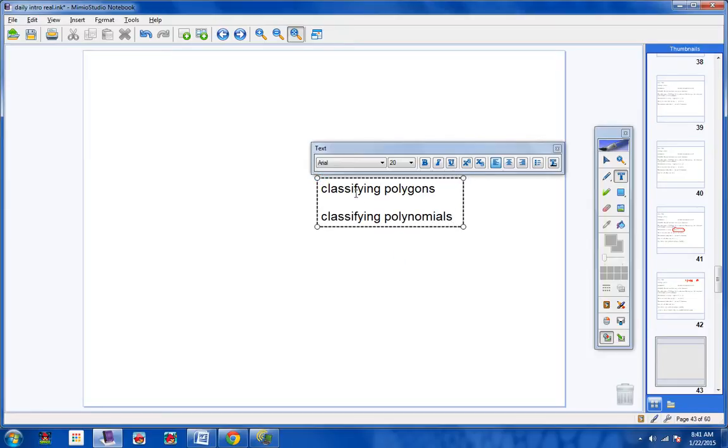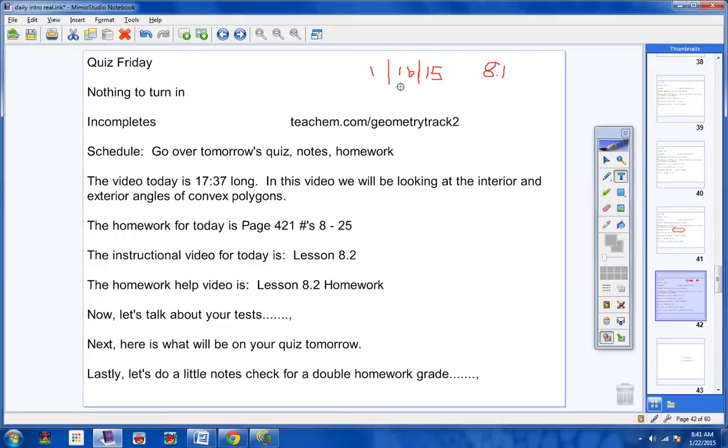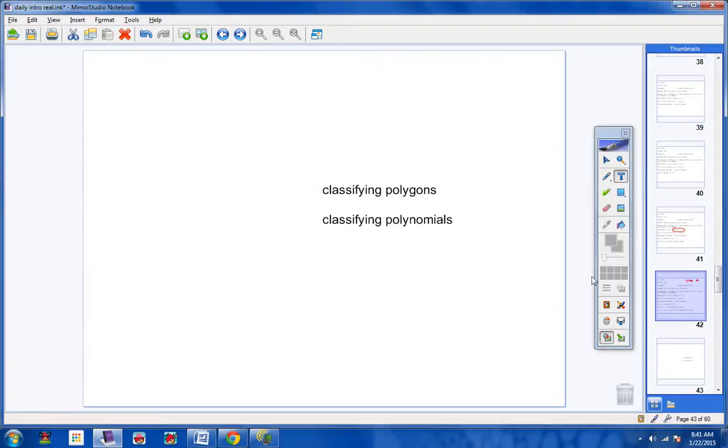So your heading is either classifying polygons or classifying polynomials. And by the way, go ahead and change that polynomials to polygons, okay? But anyways, that's the day we're going to look at. So look in your notes for January 16th or lesson 8.1 or one of these headings, and those are the notes we're going to use, okay? Are you ready? Here we go.